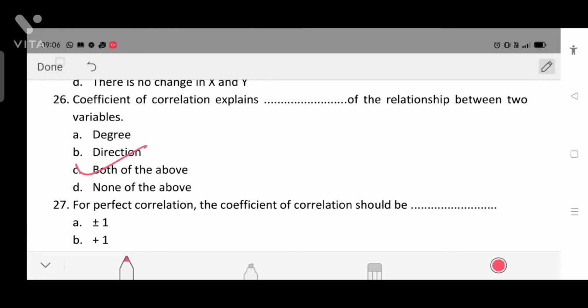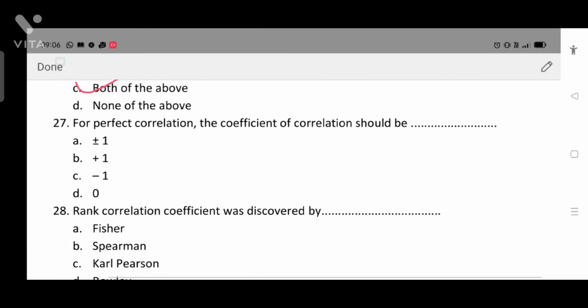Both of the above: degree and direction. Question 27. For perfect correlation, the coefficient of correlation should be dash. A, B, C, D.